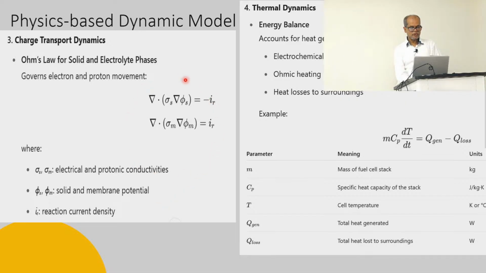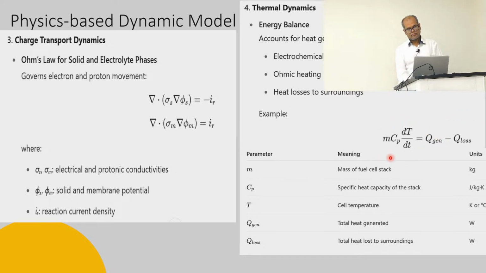Using these two equations, you can model the charge dynamics, and then for thermal, you have heat generation and heat losses, and the difference between loss and generation. If it is steady state, then it's going to be 0.